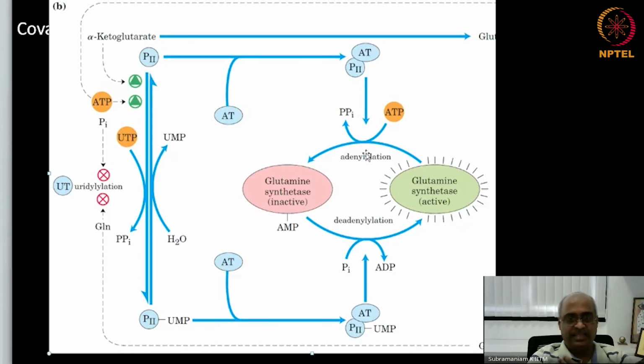So like the enzyme AT, this UT also does both the reactions. These are going to promote the reverse reaction, and as a result you have unmodified free P2, and the free P2 inactivates this. Okay, so this is how this regulation happens.